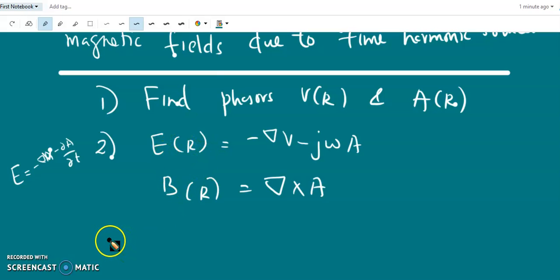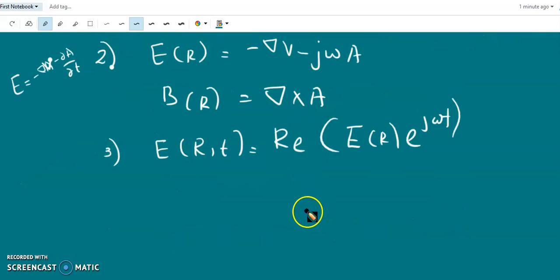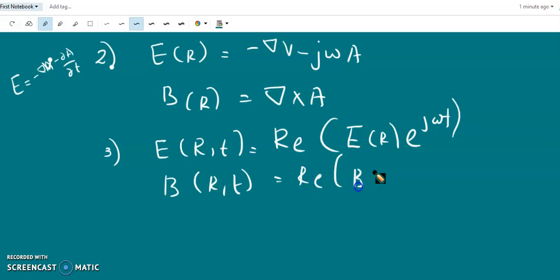When the phasors are known, the third step is to find the instantaneous expressions for the fields. E of r, t is equal to the real part of E of r into e to the power j omega t, and B of r, t is equal to the real part of B of r into e to the power j omega t, for cosine reference.